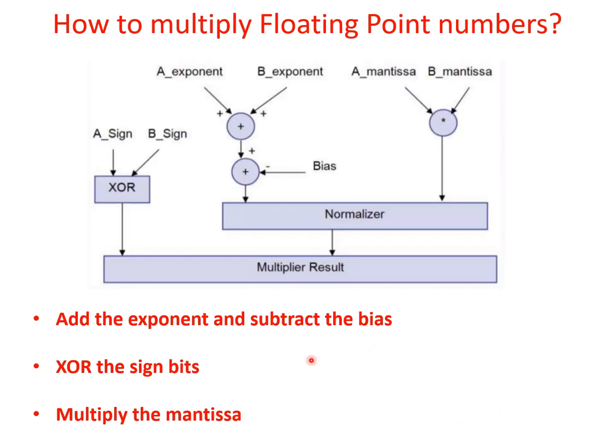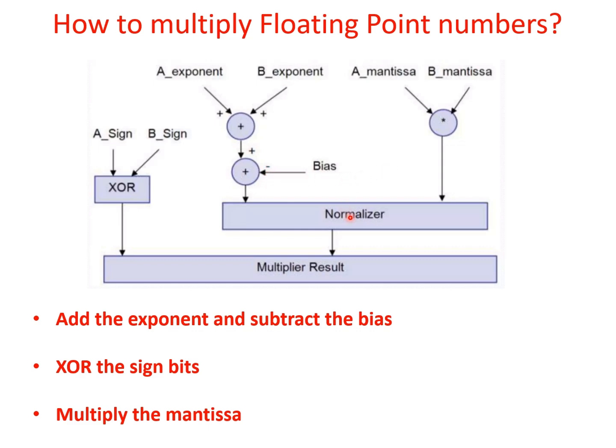So basically, what you have done for multiplication, you are XORing the sign of A and the sign of B, two numbers A and B, and you are adding number one's exponent and number two's exponent, and you are subtracting the bias.